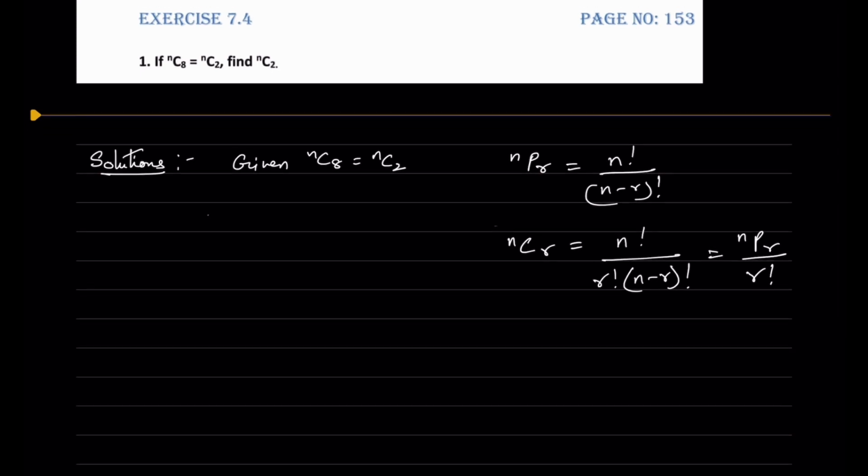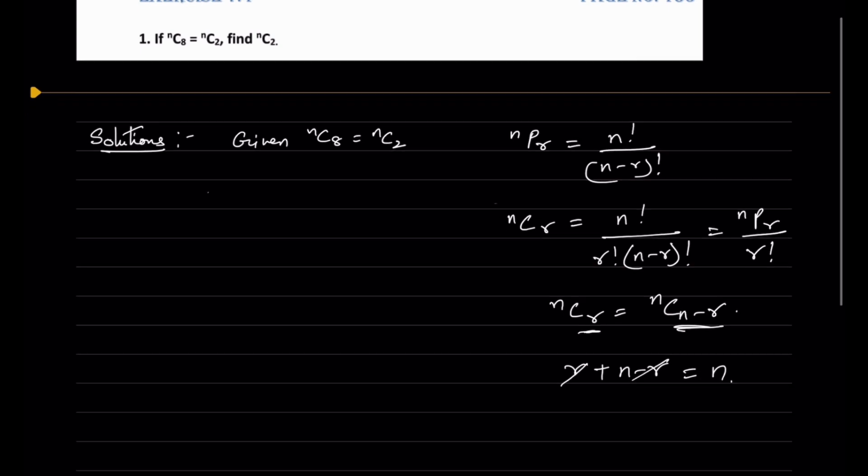And also we have that nCr is equal to nC(n minus r). How? When we have a combination of these two, the bases r and n minus r, when you add both of them, it should equal n, that is, r plus (n minus r) is equal to n.